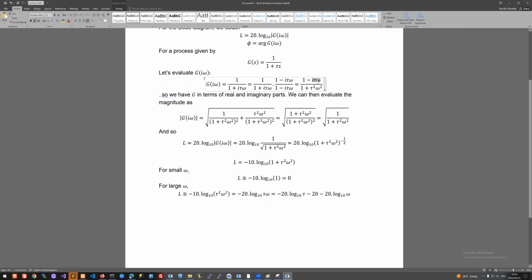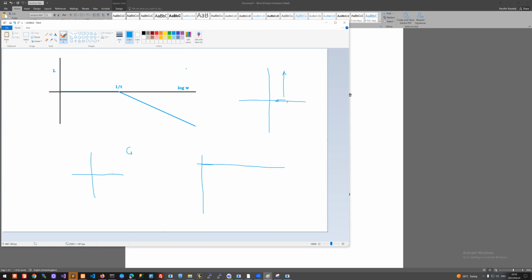So the imaginary part is 0 and the real part is some constant. That means we are sitting somewhere here, and so this angle is 0. So if we were to plot theta, we would start on 0.